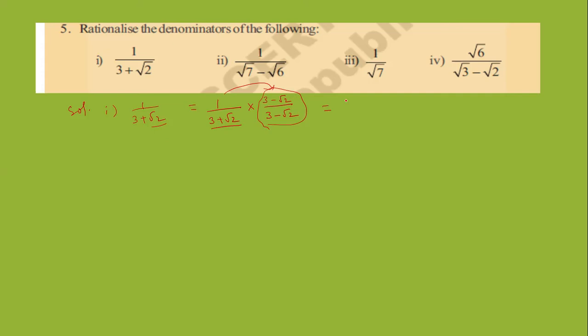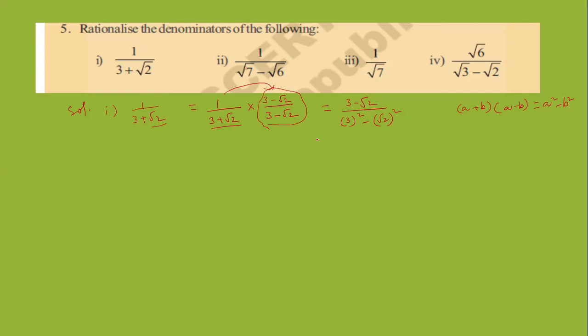Now, you multiply both the numerator and denominator here. 1 into 3 minus root 2. What you get? The numerator is 3 minus root 2. In the denominator, you observe a plus b into a minus b. What you get? A square minus b square.